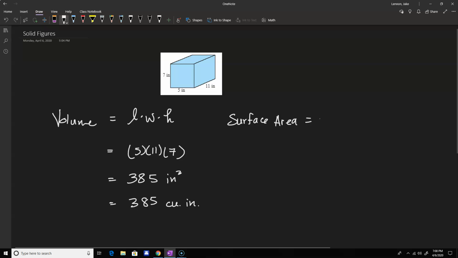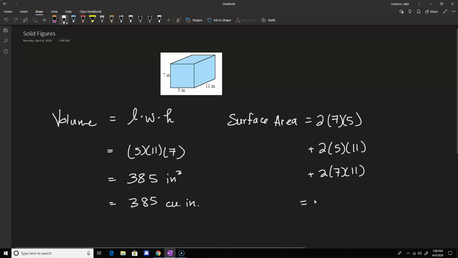So here the surface area, we would have 2 times 7 times 5, that would be the front and the back. And then we would have 2 times, the top and the bottom, and those dimensions are 5 and 11. And then you would have the third pair, which is the left side of the box and the right side of the box. So that would be 2 times 7 times 11.